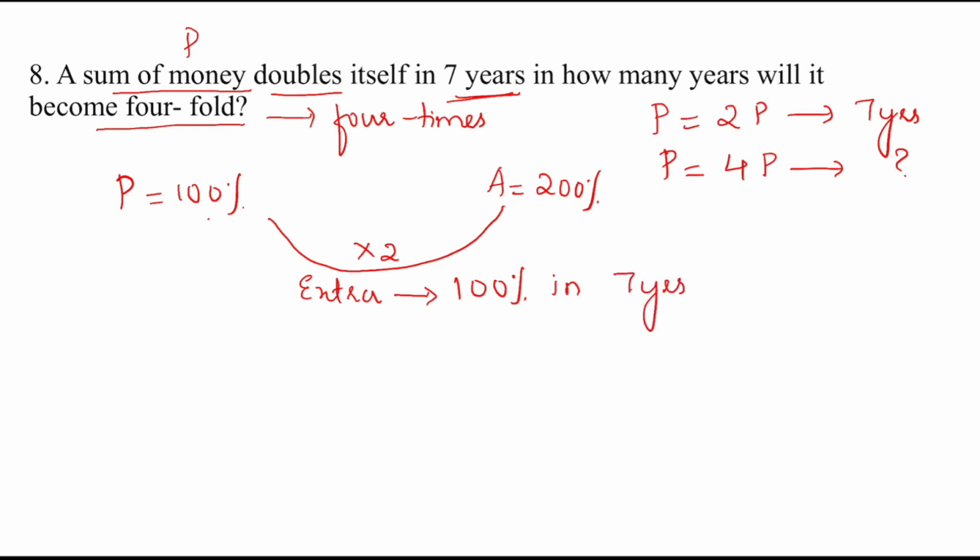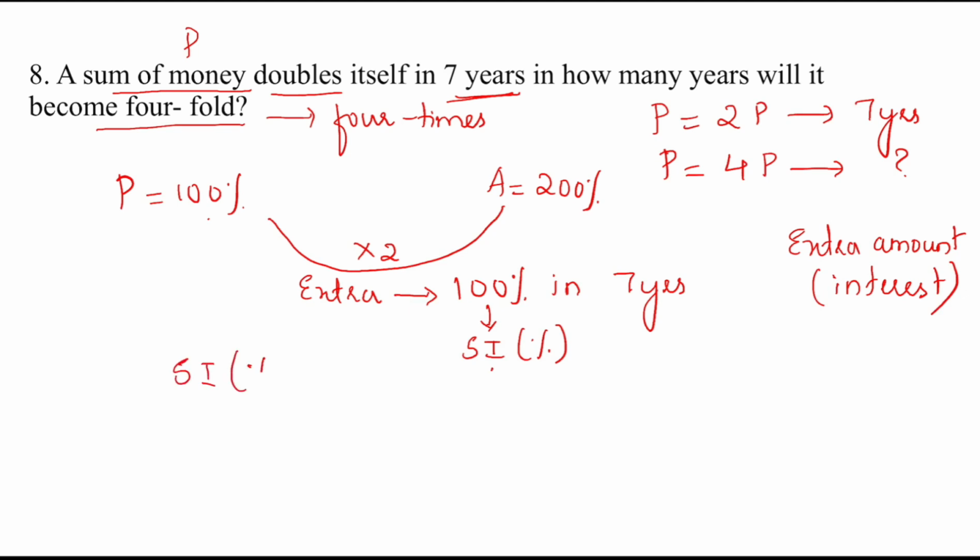So this 100% is nothing but simple interest. Extra amount, whatever we get, is always interest. So extra is 100%, and that 100% is nothing but SI in terms of percentage.